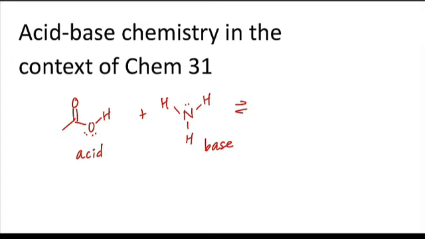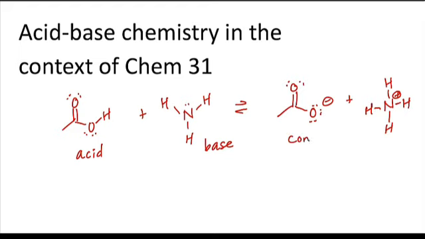We could predict the products. If we think about the fact that an acid is a proton donor, then we know that we would form this conjugate base, and the other product is ammonia but protonated. So ammonium. And we understand that this is our conjugate base, and ammonium is our conjugate acid.